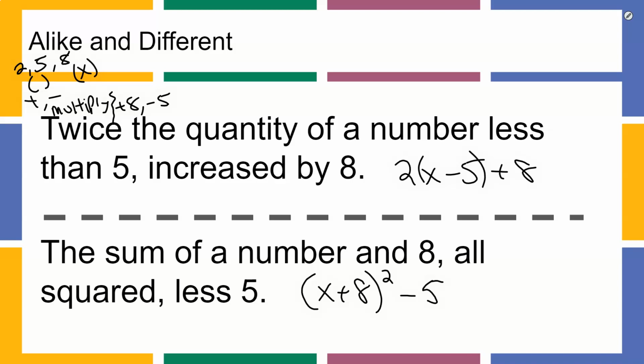Any other similarities that we saw? Okay. What about differences? How were they different? They do multiplication at different times. Okay. So I'm going to specify that. One is being multiplied by 2.